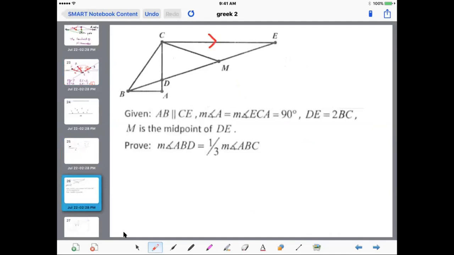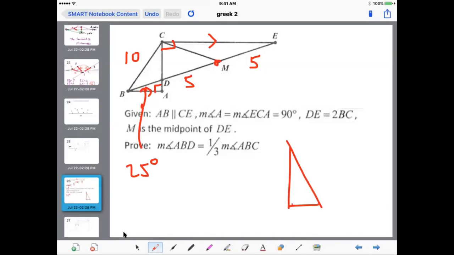These two lines are parallel. If you don't mind, I'm going to put numbers here. I'm going to call this 10 and this 5 and this 5. And I'm going to call this little angle 25 degrees. And I'm going to tell you something that you wouldn't know already. These are right angles. In a right triangle, here's the midpoint of the hypotenuse.